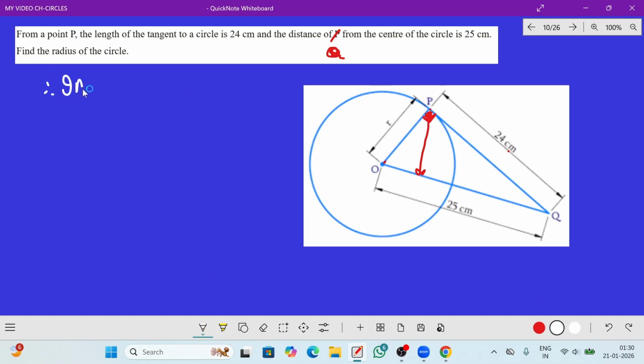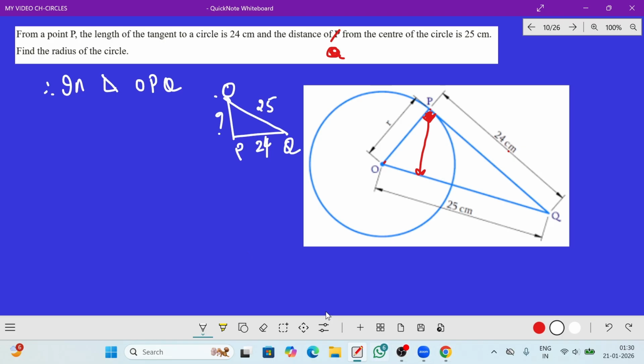Therefore, in triangle OPQ, if you want, you can draw like this. This is your P, this is your center O, this is Q. OP we don't know. PQ is 24 and OQ is 25.